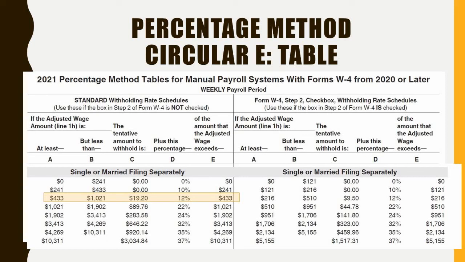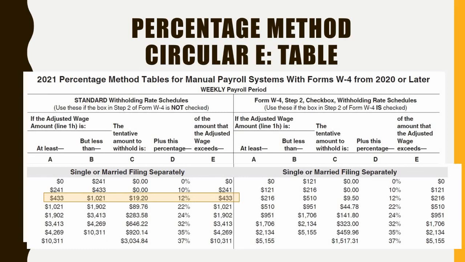In this case, she's going to be subjected to 12% of every dollar that she's earned in excess. And letter E is how much money she gets to keep without being taxed, and every dollar she's earned over that is in excess. So in this case, she gets to keep $433 without getting taxed.